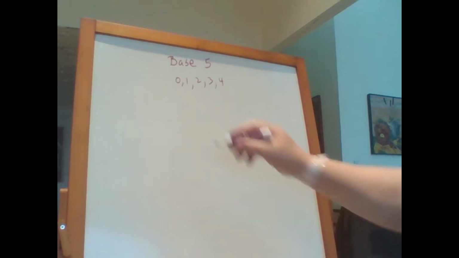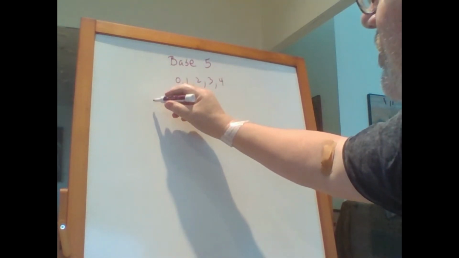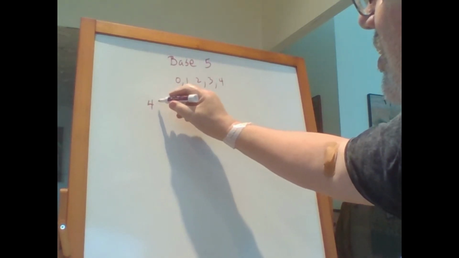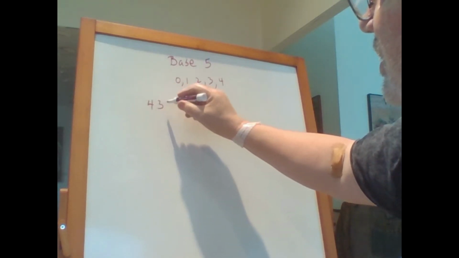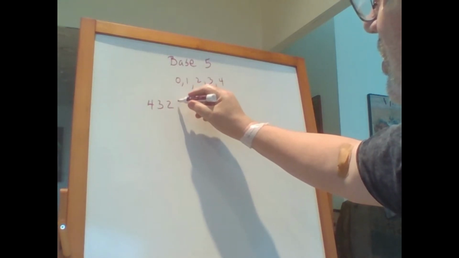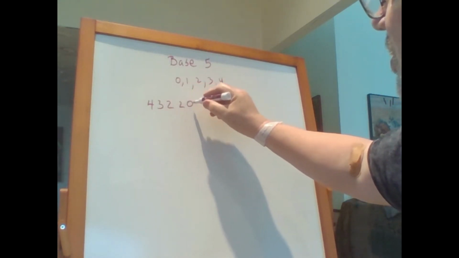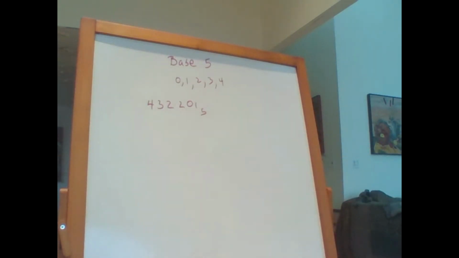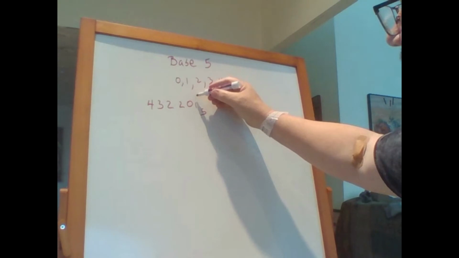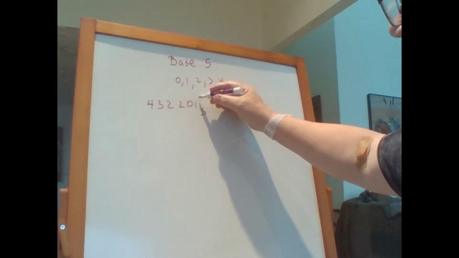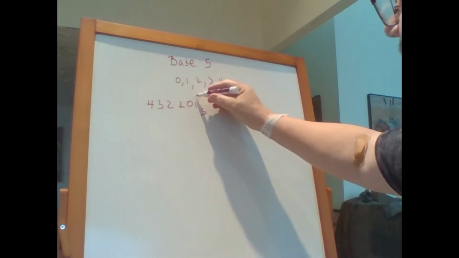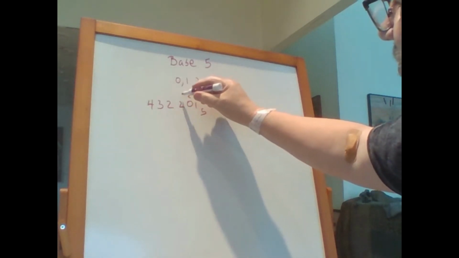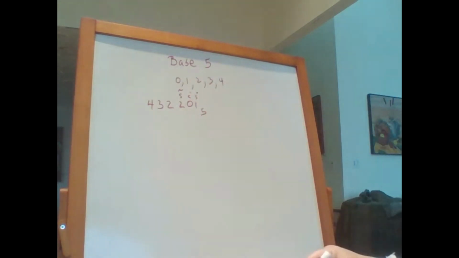So what if we have 4, 3, 2, 2, 0, 1, base 5? Well, basically this is like our base 10. We have 5 to the 0, 5 to the 1, 5 squared, etc.